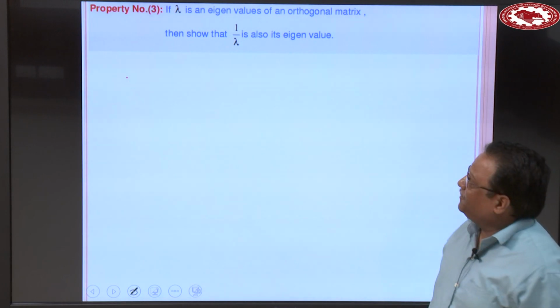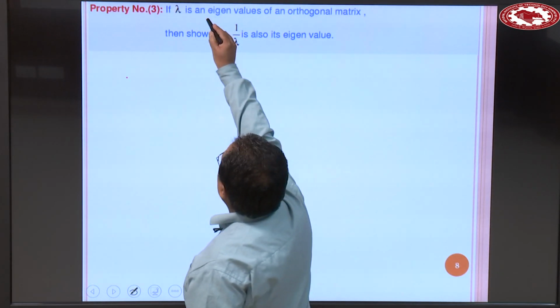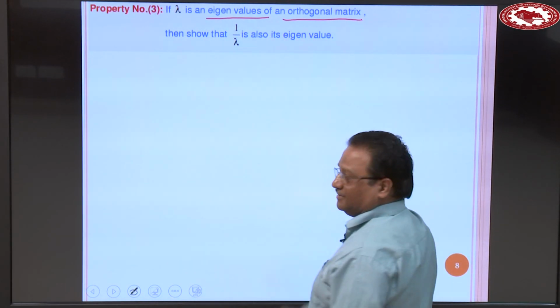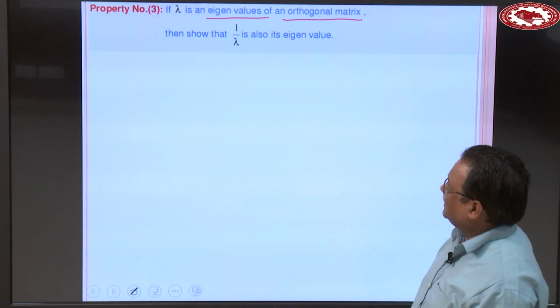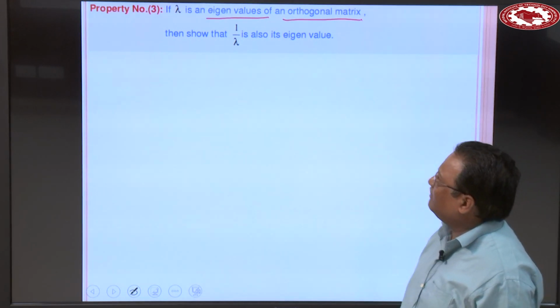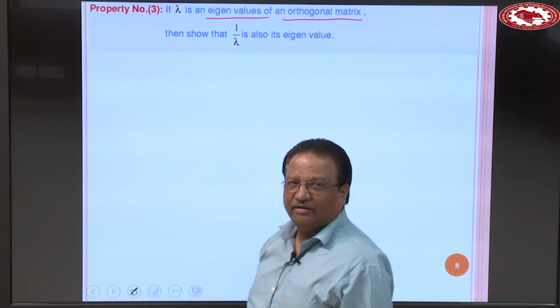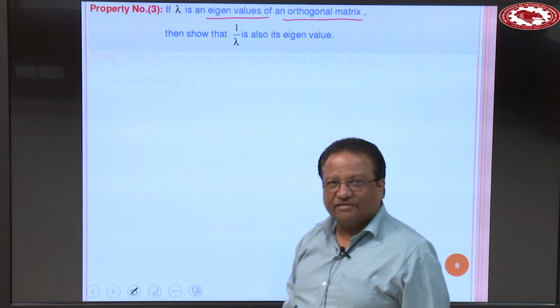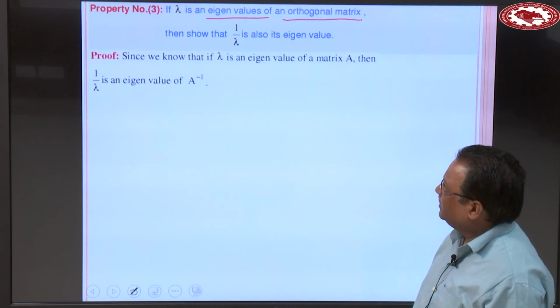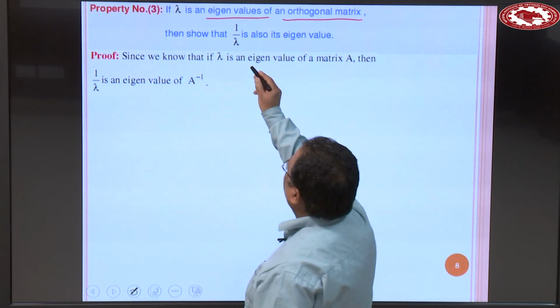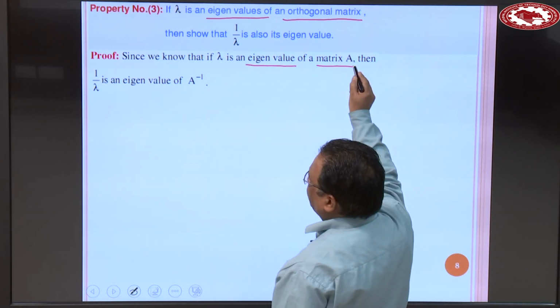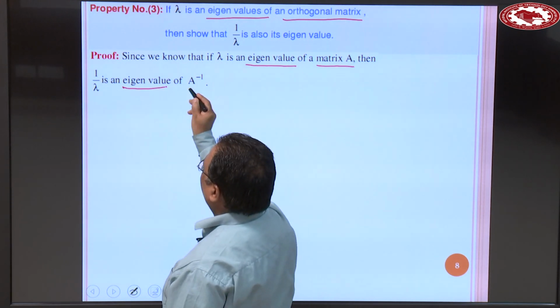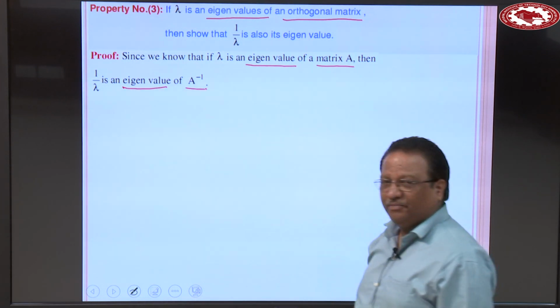Now, the third property: if lambda is an eigenvalue of an orthogonal matrix, then show that 1 over lambda is also its eigenvalue. Since lambda is an eigenvalue of a matrix A, then 1 over lambda is an eigenvalue of A inverse by property number 2.